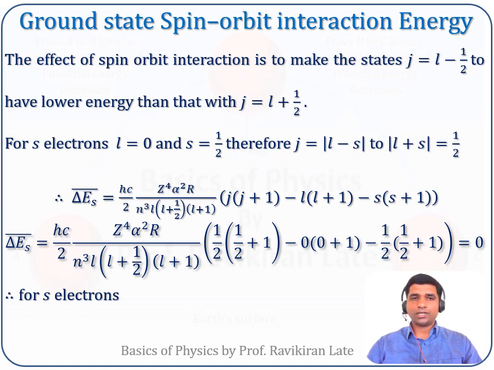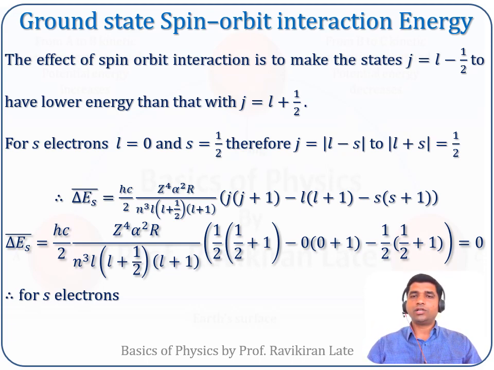Now we know that the spin orbit interaction occurs due to the interaction between the spin magnetic moment of an electron and the magnetic field, which arises due to the nucleus motion around the electron. Now we know that the electron can have only two spin configurations, plus half and minus half.